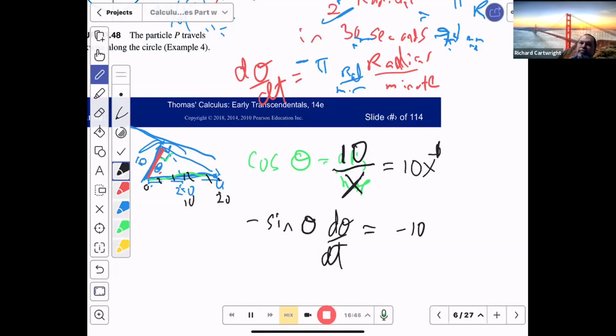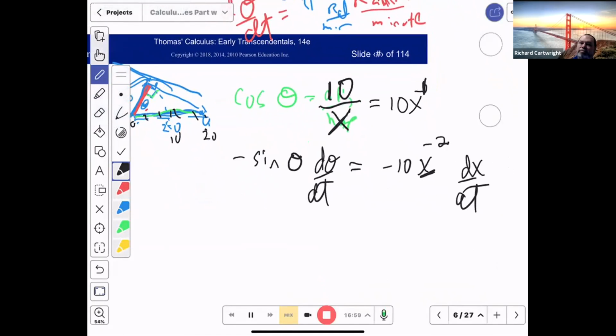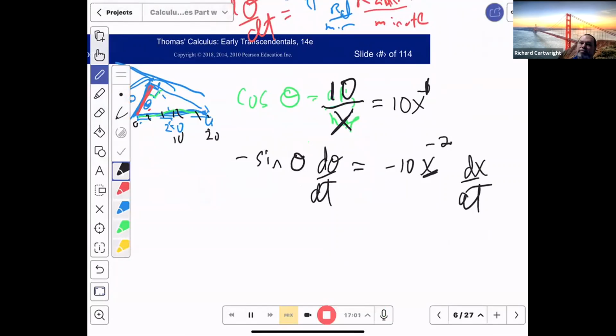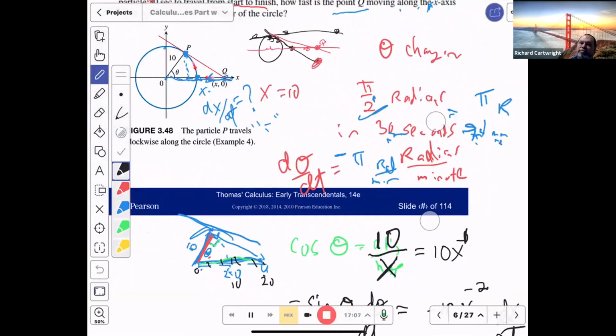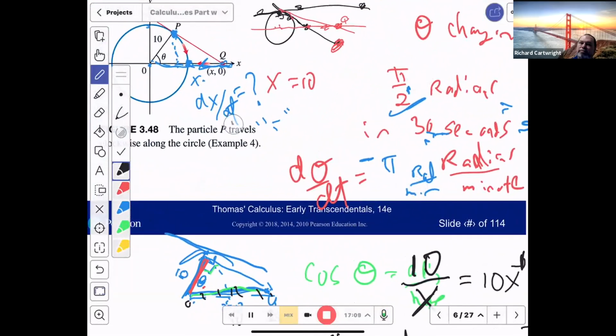You're college students. Anyway, back to the derivative. That's negative 10 x to the negative 2. Go inside and do the derivative of the x with respect to time, dx dt. There's a perfect differential equation. Now it's our job to solve for what we're looking for, and I recall writing at the top, we were looking for dx dt.